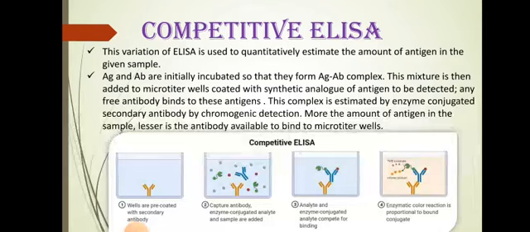Any free antibodies bind to these antigens. This complex is estimated by enzyme conjugated secondary antibodies by chromogenic detection. The more antigen in the sample, the less antibody is available to bind the microtiter wells. The picture shows the reaction.